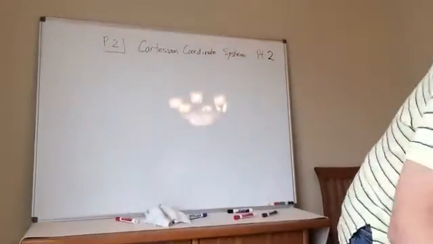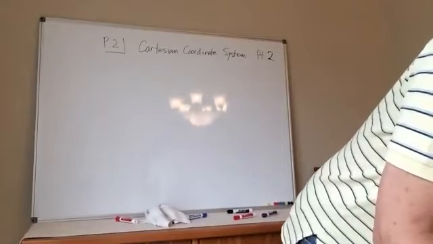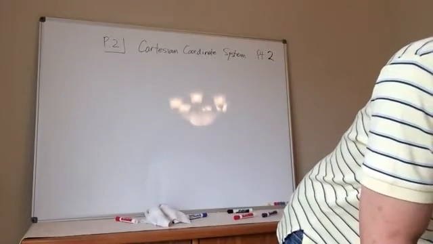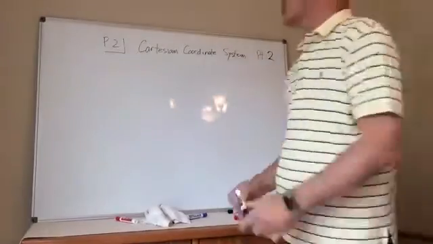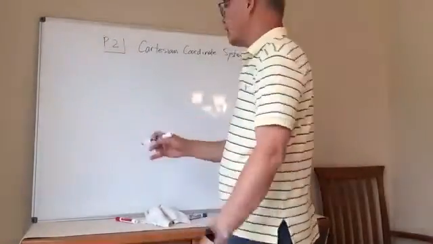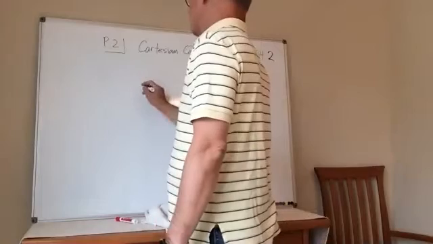Example number 7. We can state that the distance between x and -3 is less than 9. This is on a number line.